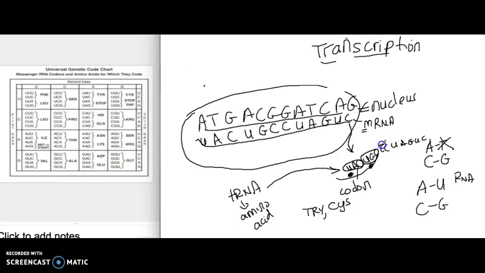The next three is CCU. CCU is code for the amino acid PRO. And AGU codes for the amino acid SER.